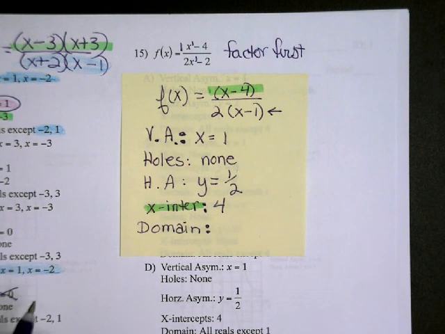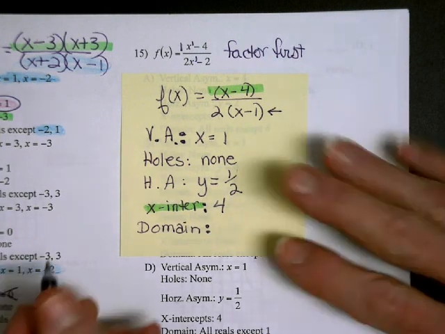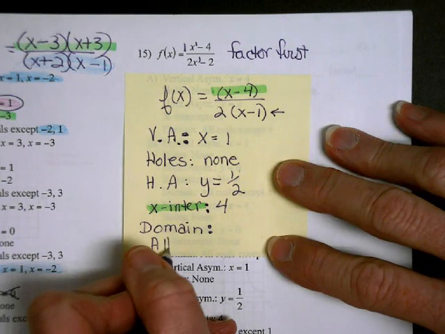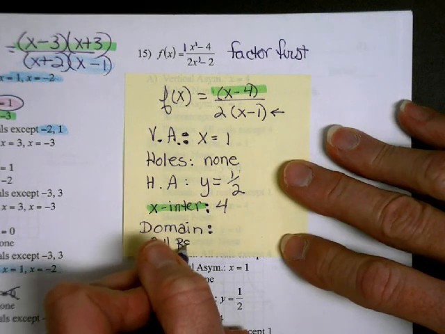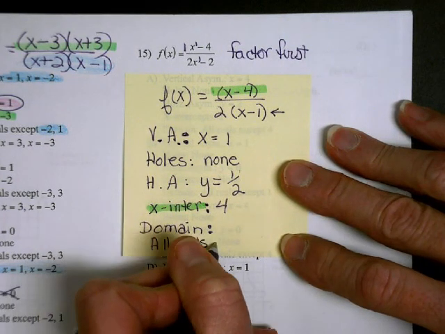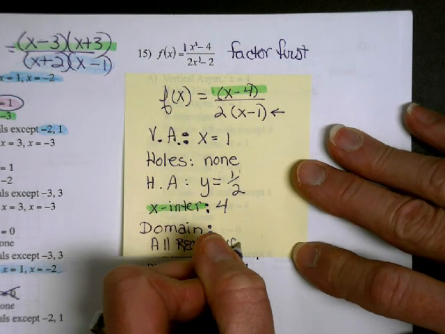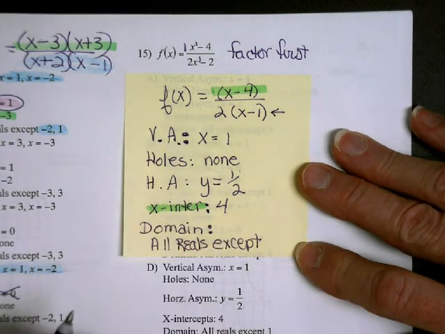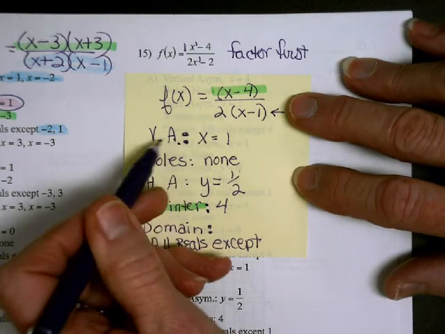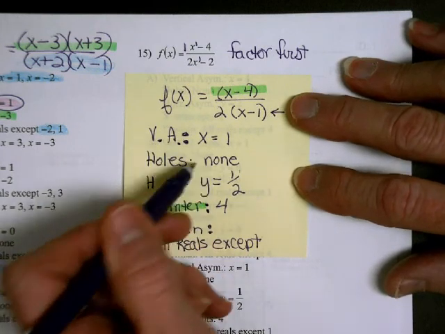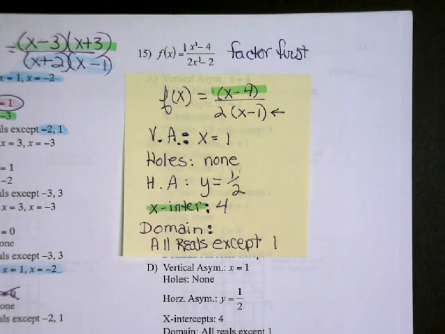Okay, the domain, they wrote a little bit different. Instead of using set notation or inequality notation or interval notation, they used words. So they said the domain is all reals except what makes the vertical asymptotes or the holes. 1.